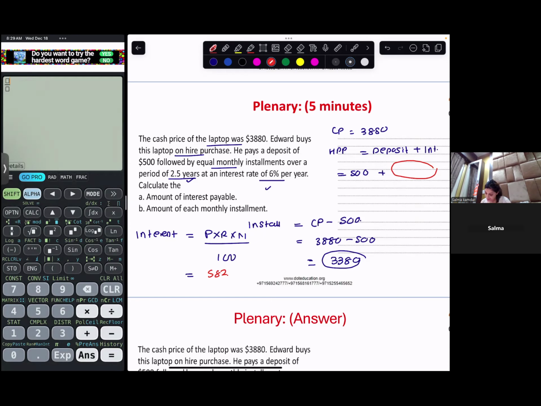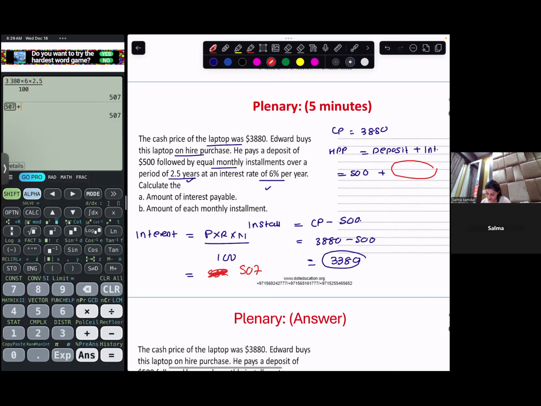So I'll calculate the interest again. It would not be 582, it would be 507. I'll just put over here 3380 into 6 into 2.5 divided by 100. So the interest amount is 507, and my remaining amount plus interest.